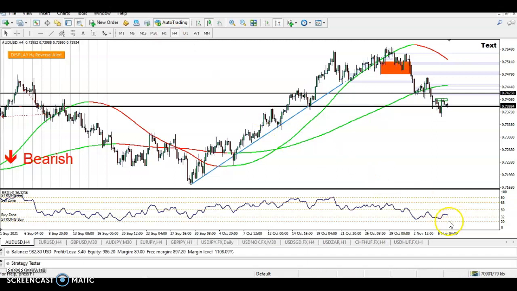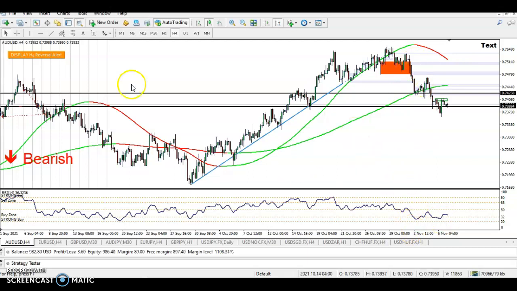Okay, we do have the RSI here. This template is from Market Structure Trader. So the RSI is planted at the bottom of the screen to show strength. And since it's pointing down toward the 32 and 20 lines, we're showing some divergence.